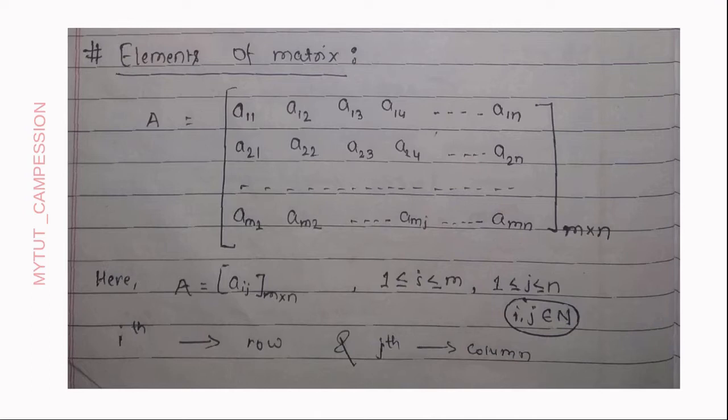Here aij is an m cross n matrix, where i belongs to 1 to m and j belongs to 1 to n. Here i denotes the row and j denotes the column. I hope you understand. In this representation of matrix, i denotes the row and j denotes the column.